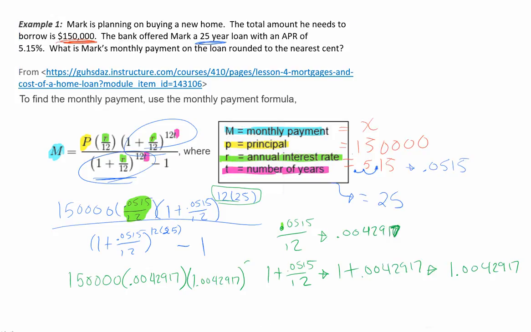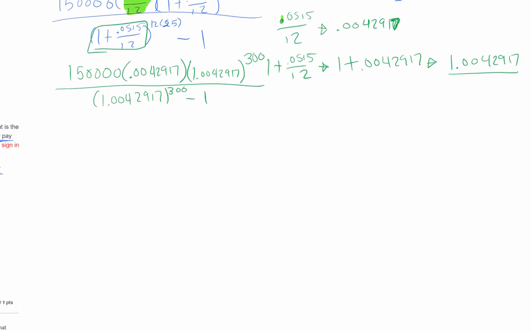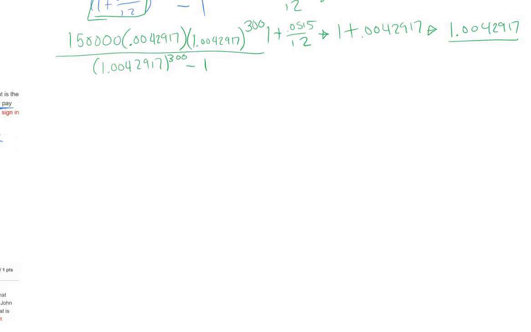So then 300 over, again, we know that this piece is the same as this piece, so 1.004217 to the 300th power minus 1. So I know this is seeming like a lot, and it is going to take some time, so I just need you to go with the process.